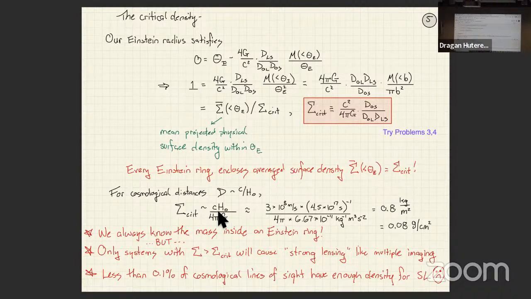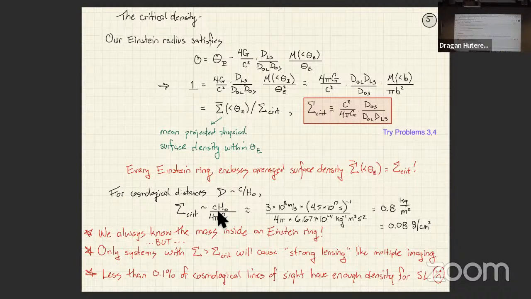In fact, when I first learned this, somebody said there's a rule of thumb that critical density is about 1 gram per square centimeter, because that's about the projected mass density of your thumb. If you hold it out, you're made mostly of water and your thumb is about 1 centimeter thick. So your thumb is about a gram per square centimeter.